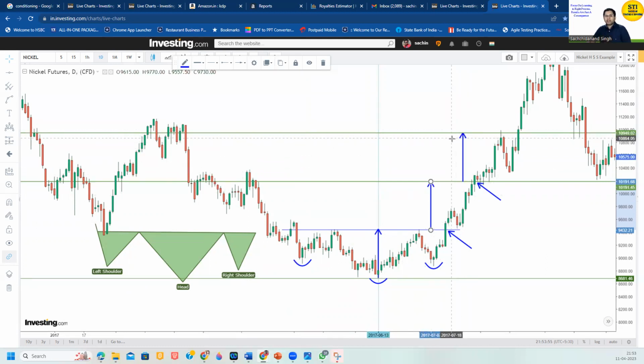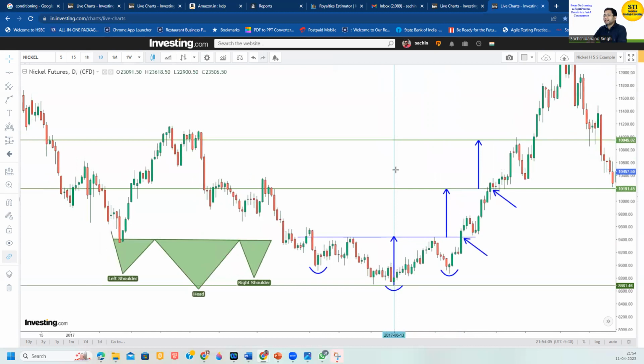Again, we are going to learn more about the various exit strategies while we learn about the application. So this is all about the inverted head and shoulder. If anybody has any question on this particular example, feel free to ask.